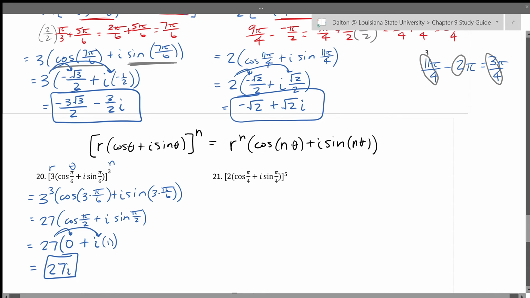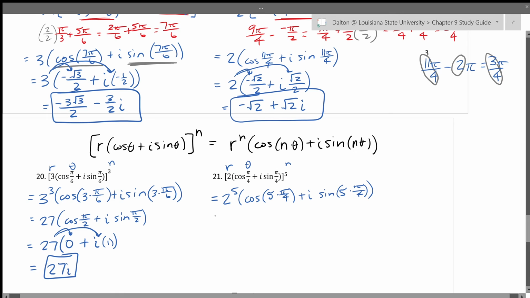For number 21, same idea. r is 2, n is 5, and then theta is pi over 4. So we're going to use De Moivre's theorem to expand this. It'll be 2 to the 5th power times the cosine of n times theta. So that's going to be 5 times pi over 4 plus i times the sine of n times theta, which is 5 times pi over 4.